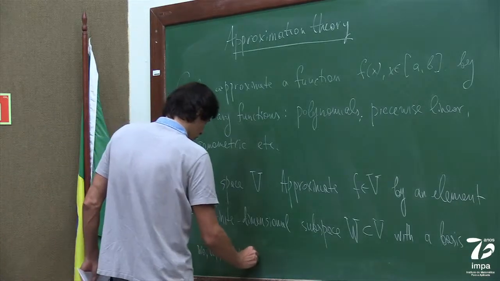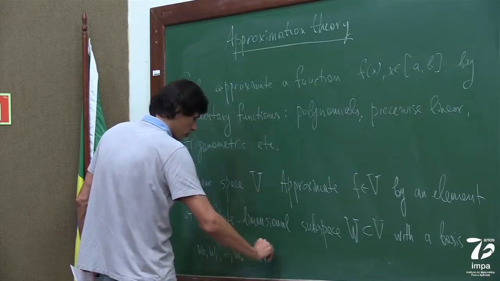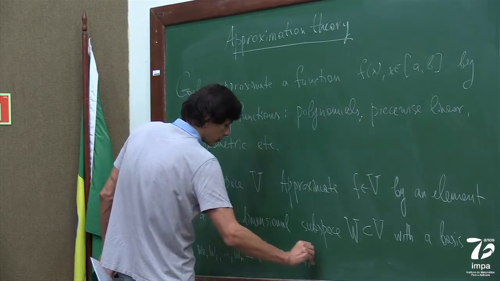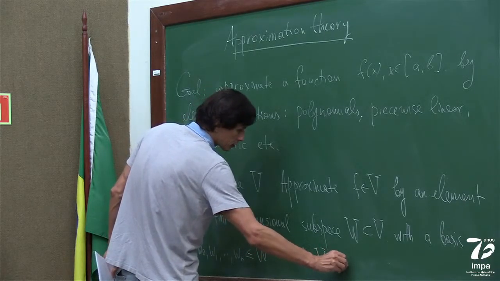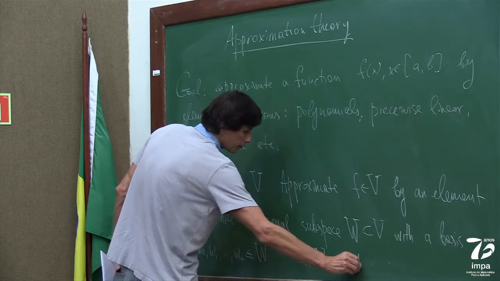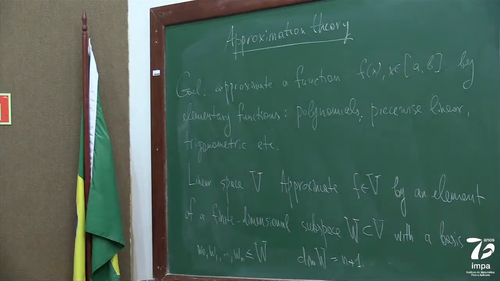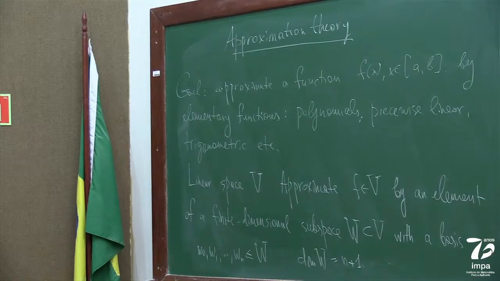These are elements of W, which means that the dimension, in this case, of this subspace is n plus 1. People in numerics like to start counting from 0, not from 1.